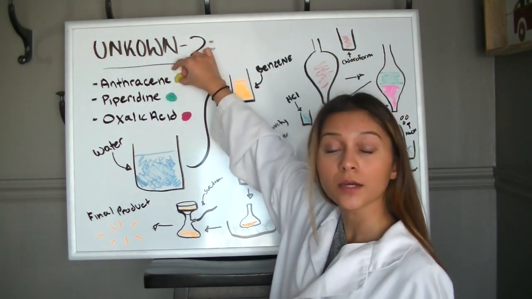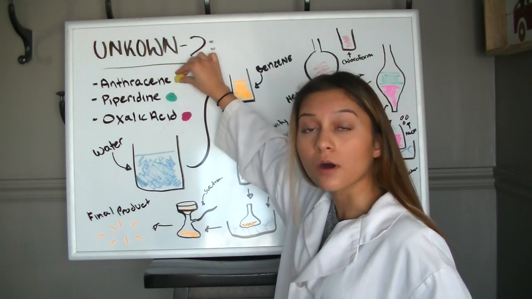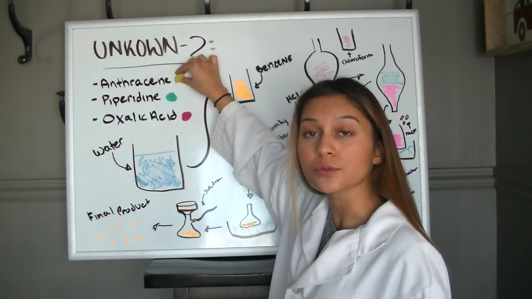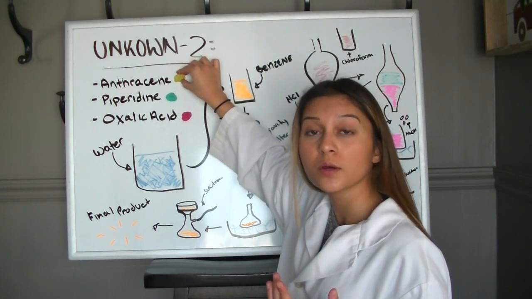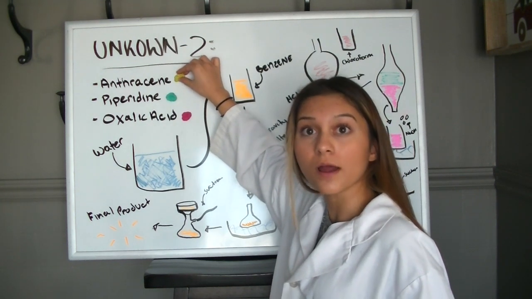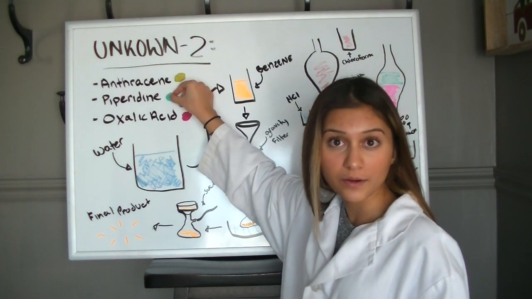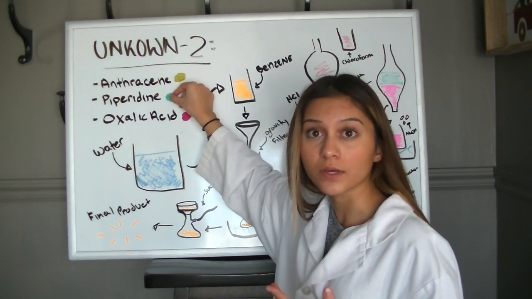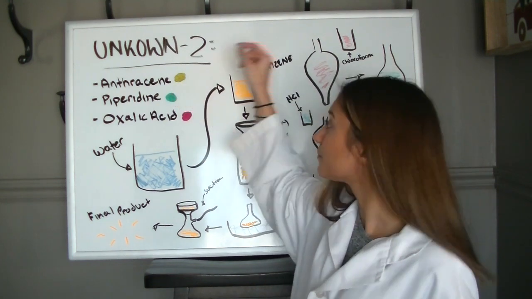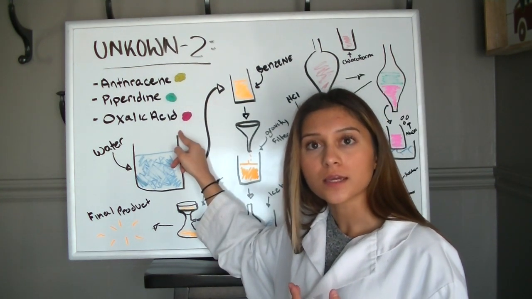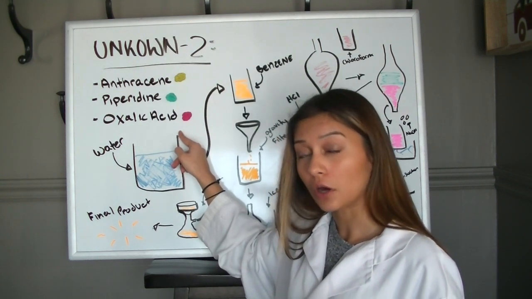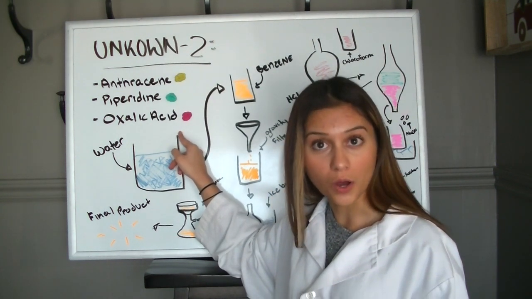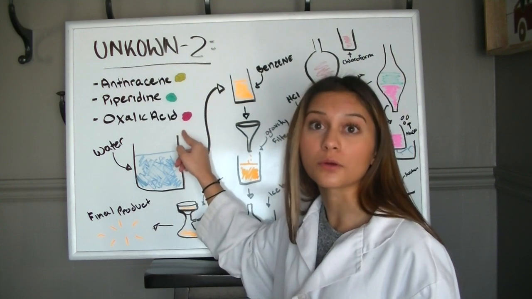Anthracene is a solid neutral compound that is nonpolar, so it is insoluble in water, but it is soluble in alcohol, ether, and benzene. Piperidine is a basic liquid compound that is soluble in water and chloroform. Oxalic acid is a polar acidic compound that is soluble in water, but insoluble in chloroform.